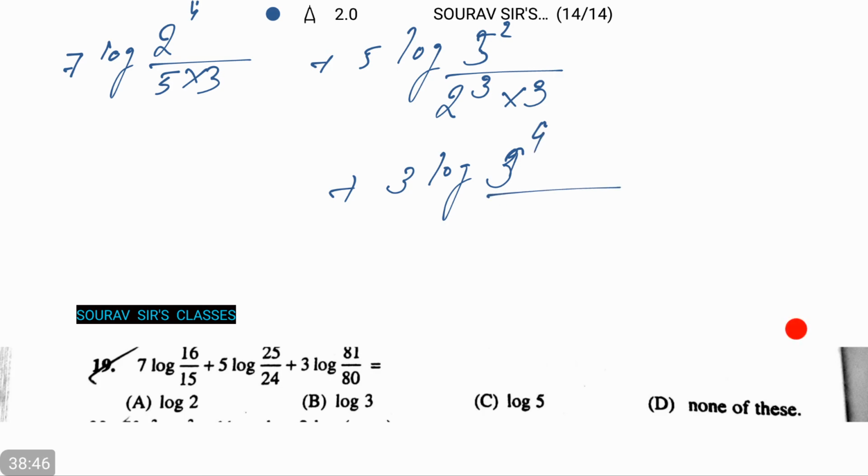let's see how we can write 80. We can write it as 16 into 5, so 2 to the power 4 into 5.